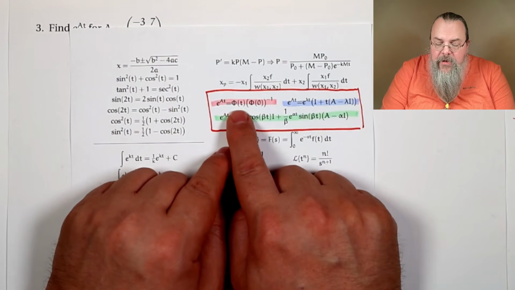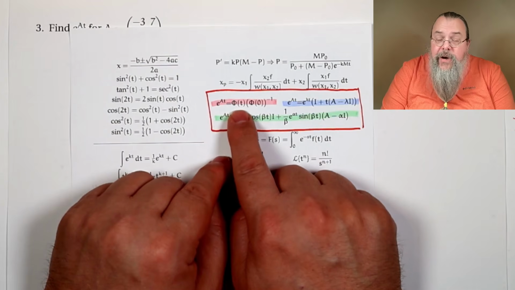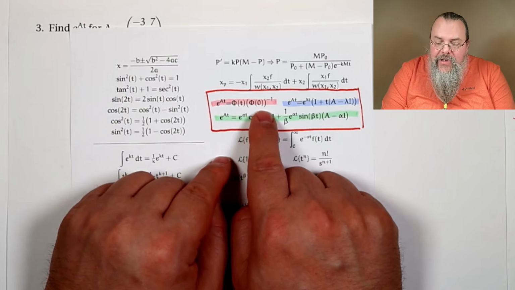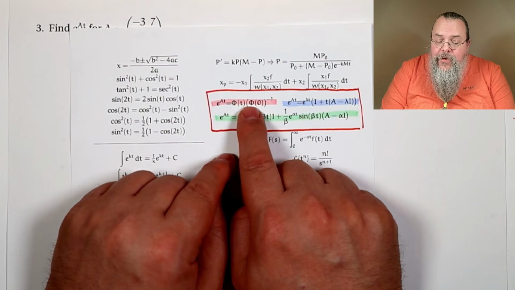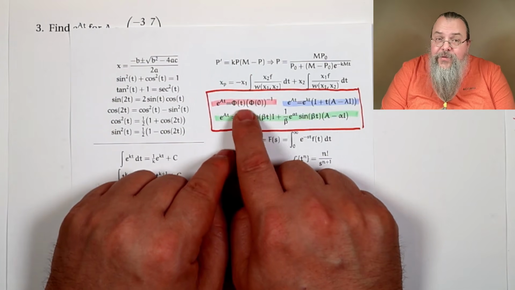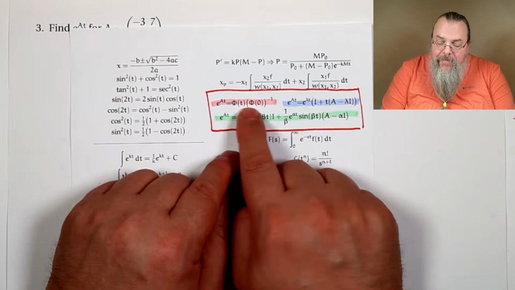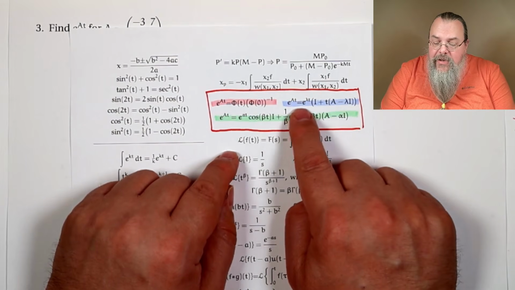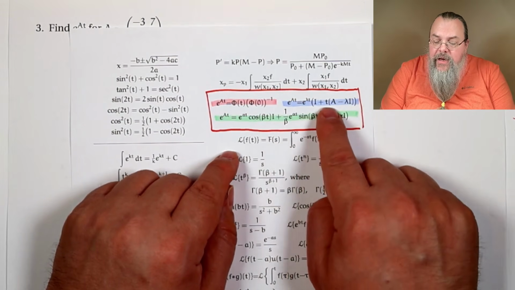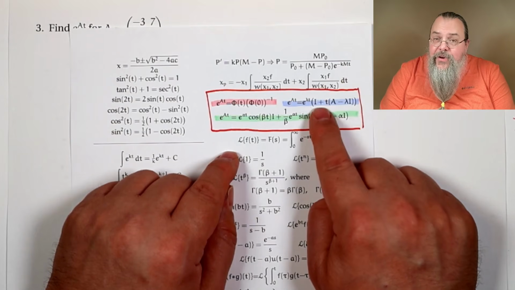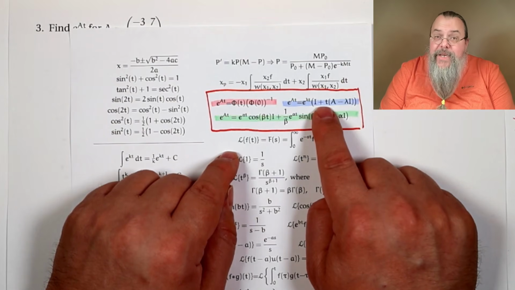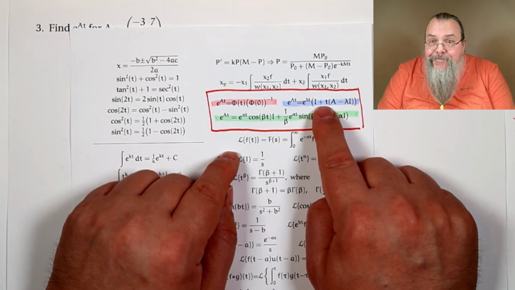So the first formula says e to the at is phi of t, phi 0 inverse. This is your go-to if you have distinct real eigenvalues. The second formula says e to the at is e to the lambda t, I plus t, a minus lambda I. This is your go-to if you have repeated real eigenvalues, so your eigenvalues look like lambda, lambda.